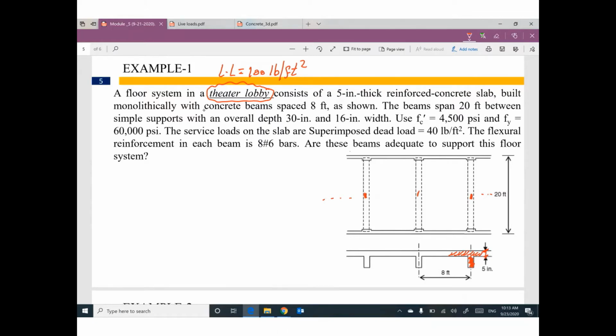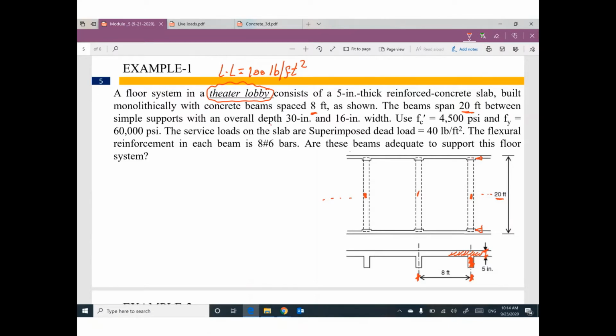So the spacing center line to center line between these beams is 8 feet, and it's shown on the diagram. The beam spans 20 feet. So this beam is simply supported on this support and this support, the length equals 20 feet, between simple supports with an overall depth.